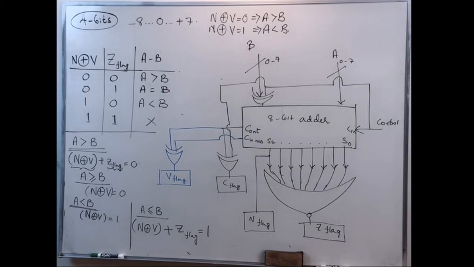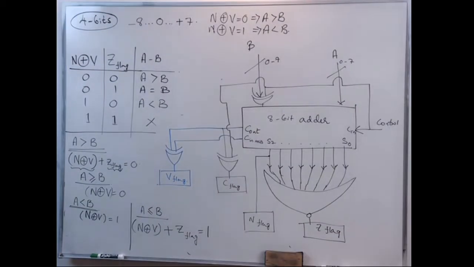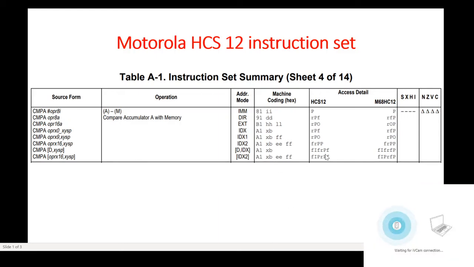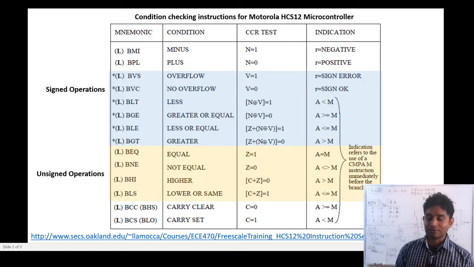Move on to the next slide. Going back to your instructions, when you program it, that's when you specify what numbers you're working with.